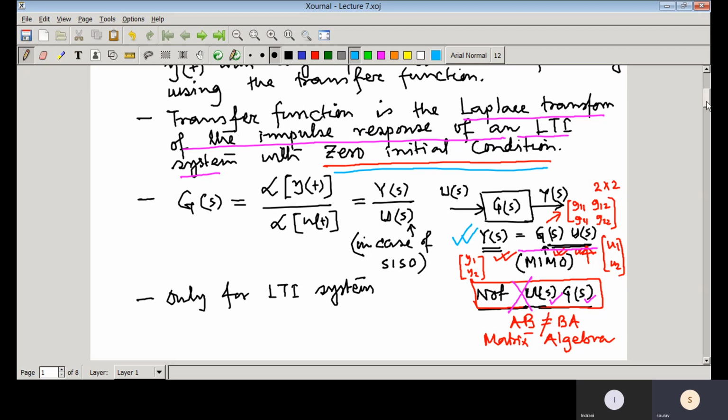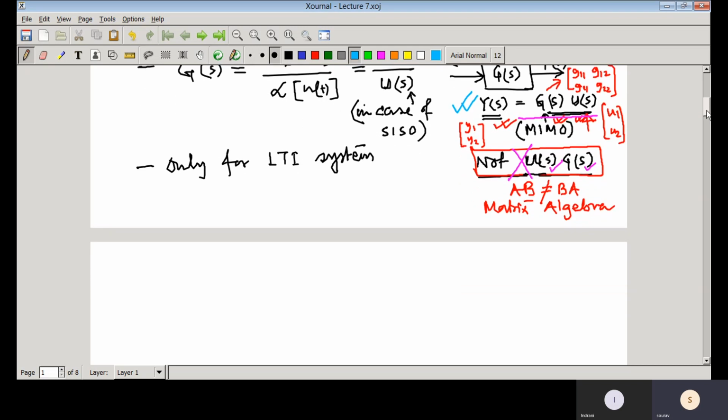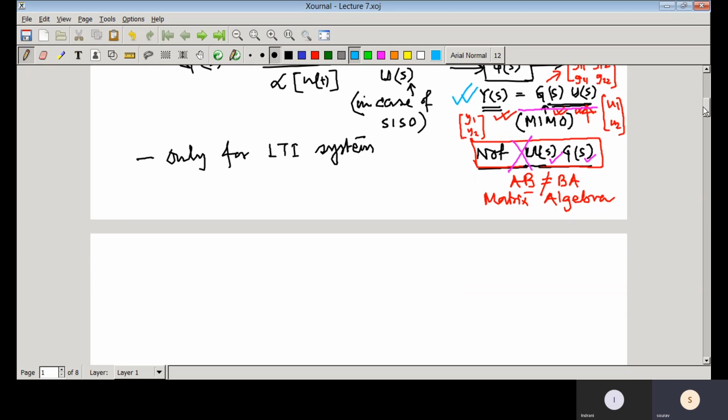And another important thing is it is independent of the input of the system.